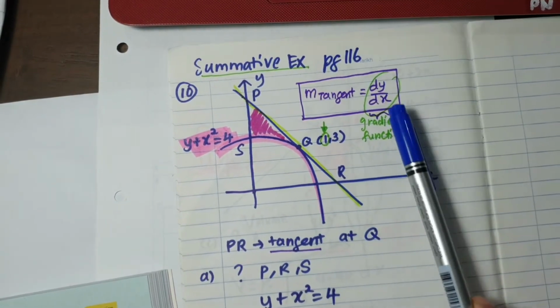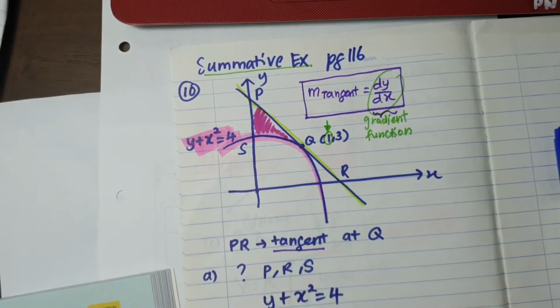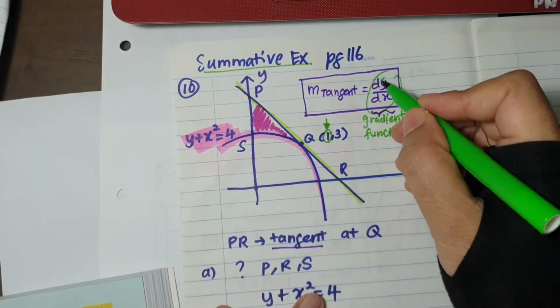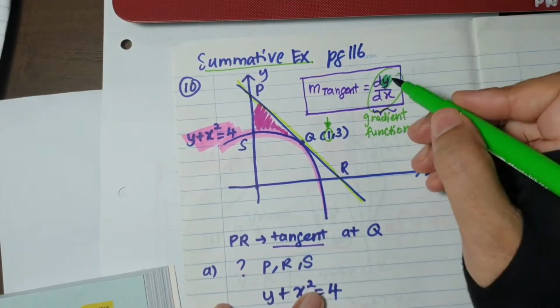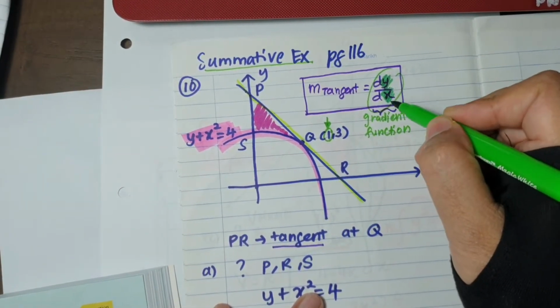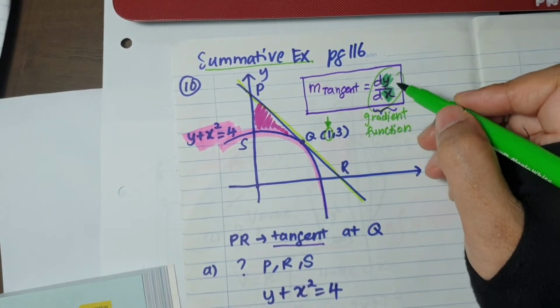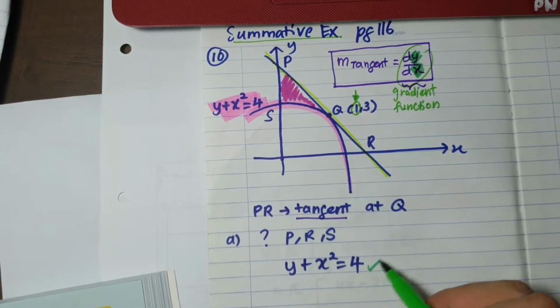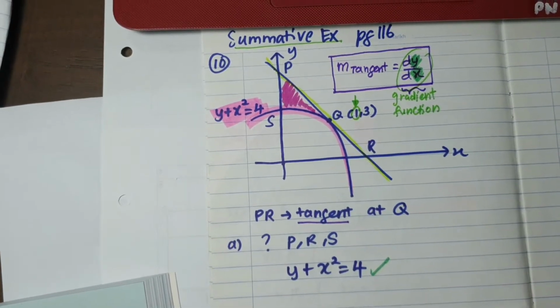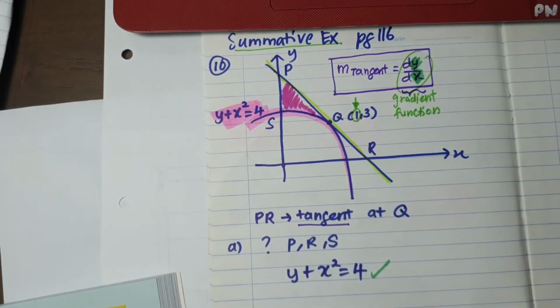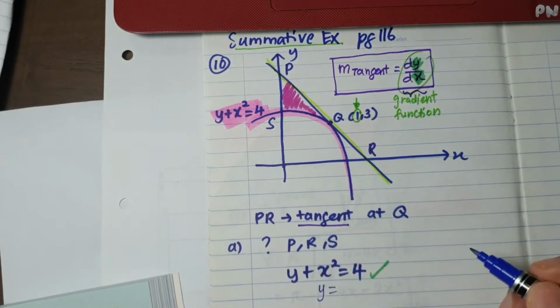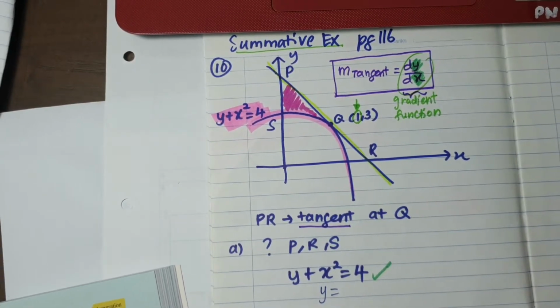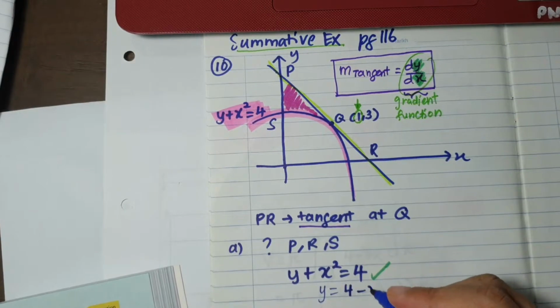If you want to find dy by dx, you need to make y the subject. We have a function y in terms of x, so we can find dy by dx. So now make y your subject. You will have 4 minus x squared.